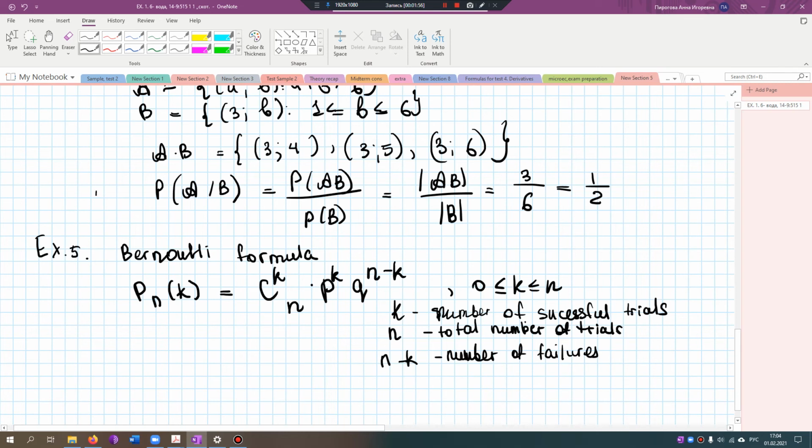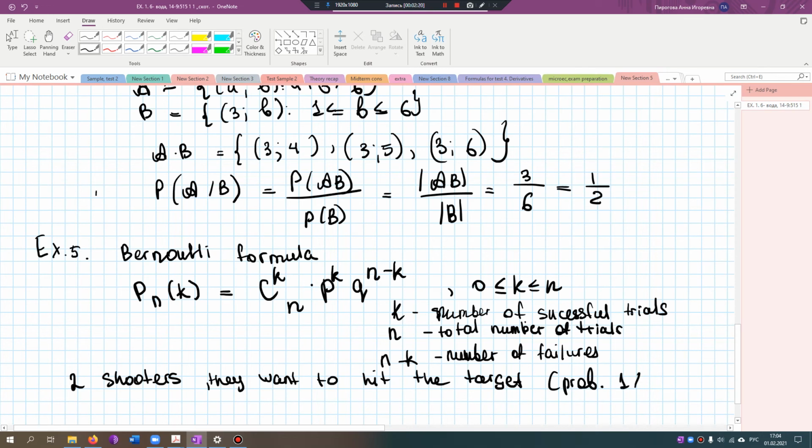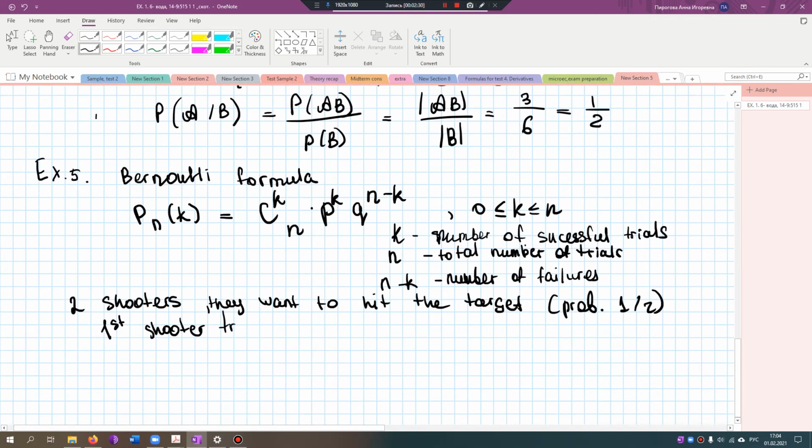So our example: we have 2 shooters and they want to hit the target, and the probability is 1/2. The first shooter tries 4 times.